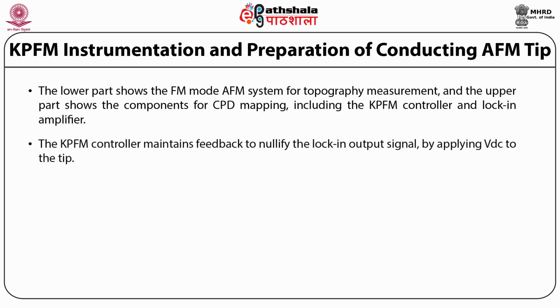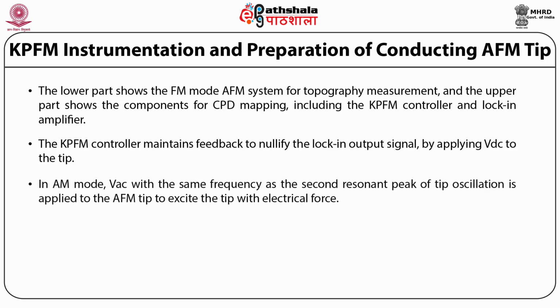The KPFM controller maintains feedback to nullify the lock-in output signal by applying potential at direct current, potential DC, to the tip. And in AM mode, potential in alternating current with the same frequency as the second resonant peak of tip oscillation is applied to the AFM tip to excite the tip with electrical force.